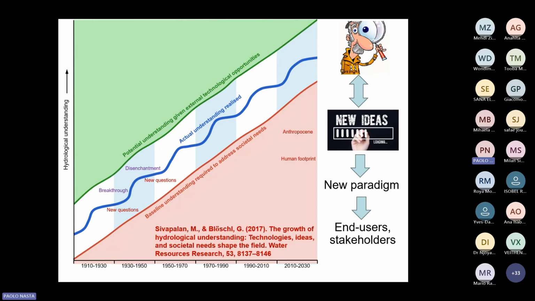And that's how new ideas pop up. So it's the feedback between data and models, data and machine learning. And this continuous feedback maybe will produce new methods that will be transferred to end users and stakeholders. So this is the framework in which we operate.